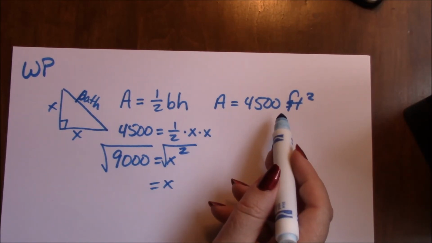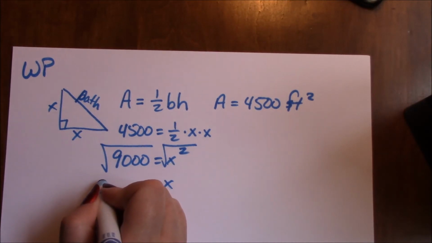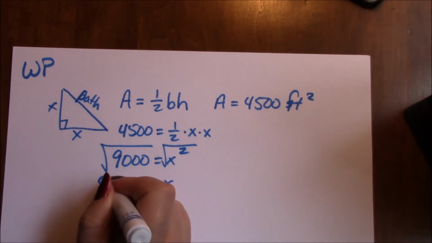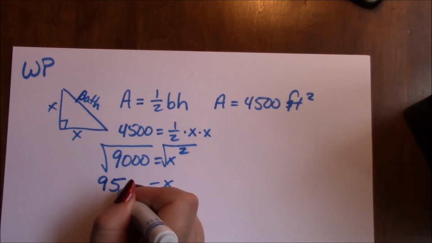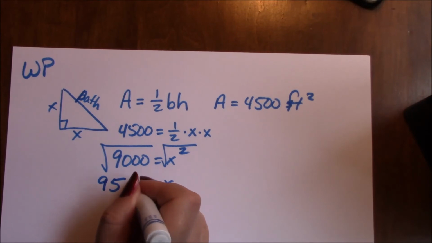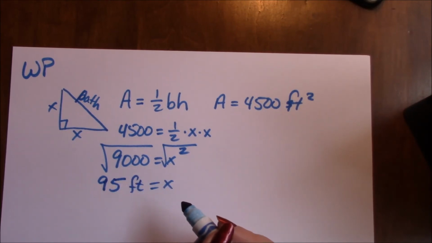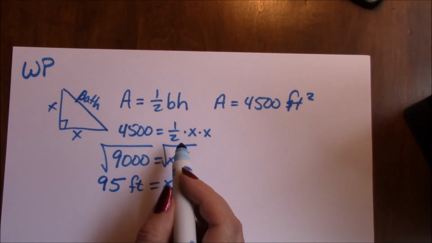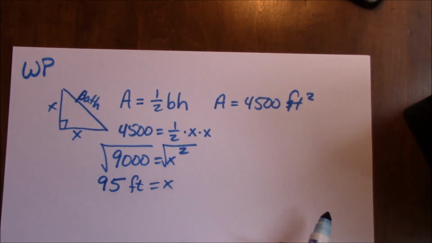It can't be negative feet. So it's going to be a positive 94.9, and we're going to round up. It says to round to the nearest whole number, so it's going to be 95 feet because we solved for x. There's another perimeter area problem in Check It Out number 4.